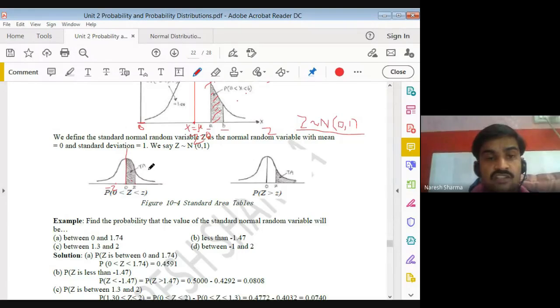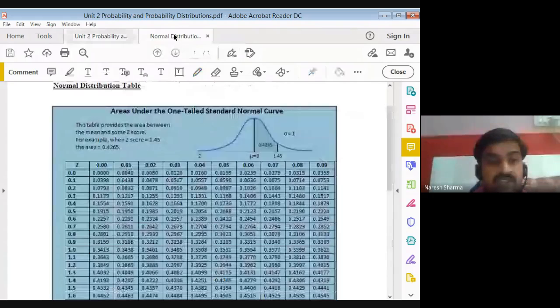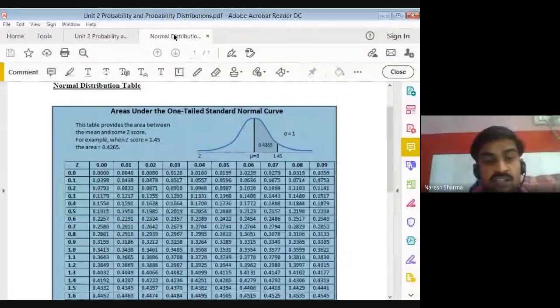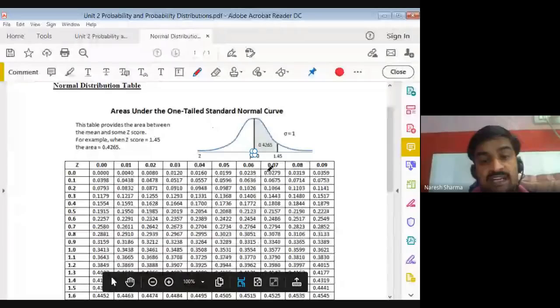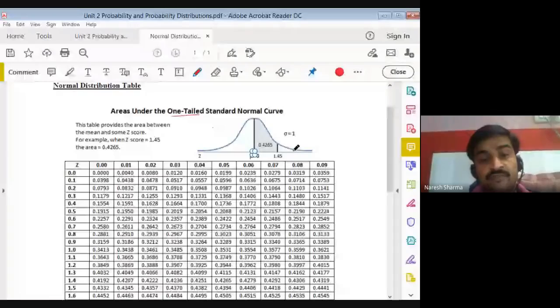Once you convert your distribution into a standard normal distribution, we have a table called the normal distribution table with one tail. One tail means we convert this into the distribution where mu is equal to 0, and all the table calculations are given for one side, the right side, that is from 0 to z.